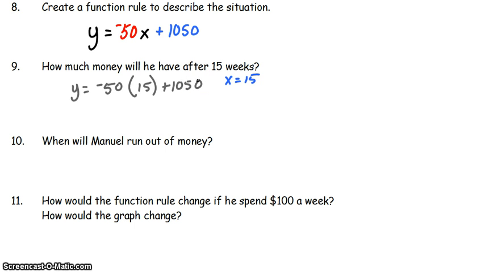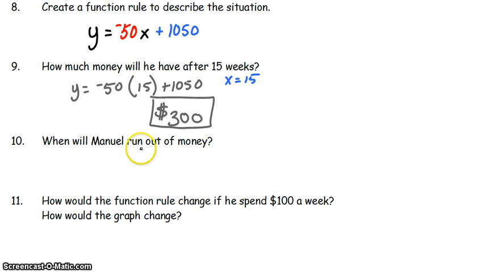I go ahead and I calculate that. You guys should be calculating that right now. And yes, he has $300 after 15 weeks.